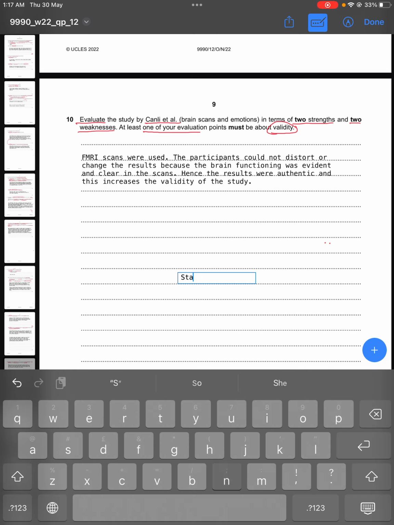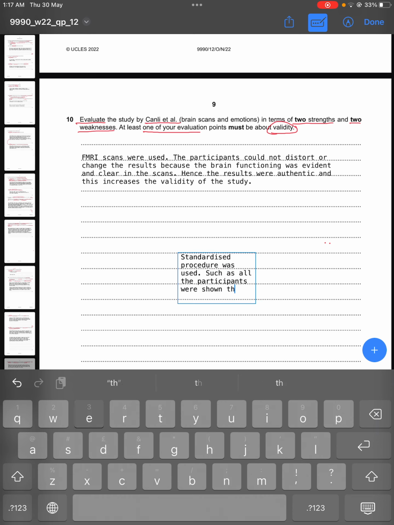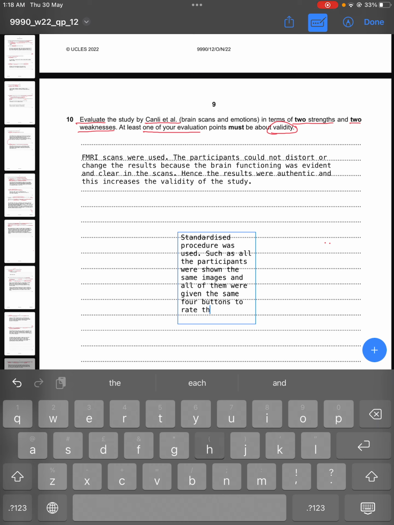Second, you can write that a standardized procedure was used, and you also need to give examples like how was this procedure standardized. So standardized procedure was used, such as all the participants were shown the same images. They were shown in a randomized order, but they were the same images, and all of them were given the same 4 buttons to rate the images.